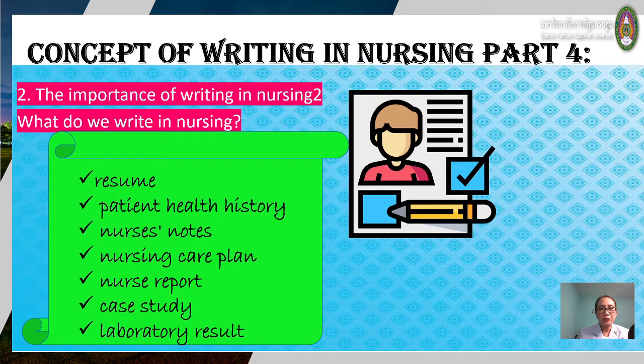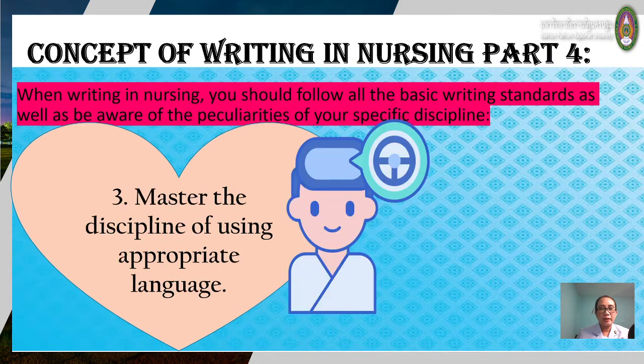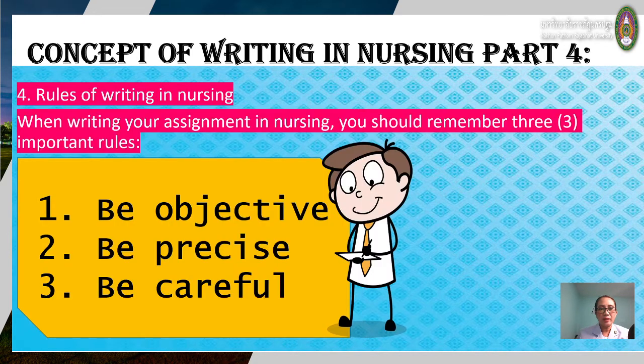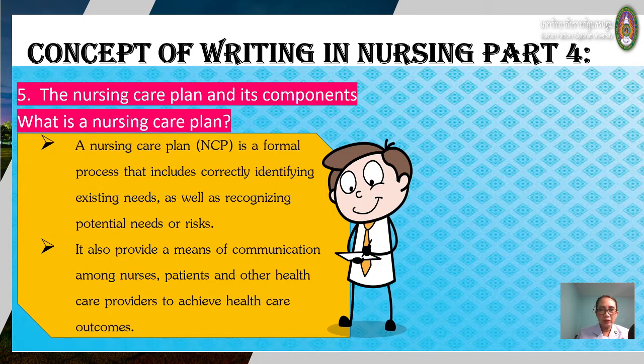And for the last part of this subtopic, I'm going to discuss the nursing care plan. So, what is a nursing care plan, or we call it NCP? A nursing care plan is a formal process that includes correctly identifying potential needs or risks of your patient.